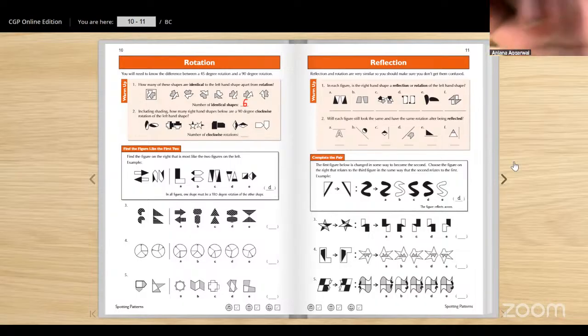Yes, and then this one is wrong because it's going anti-clockwise. This is correct.